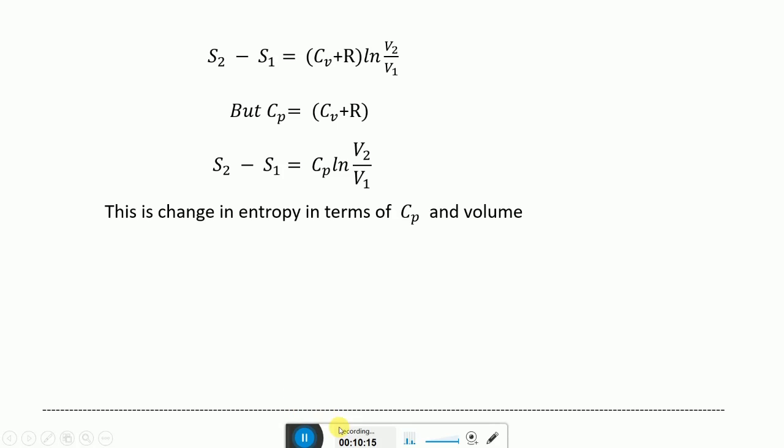Again we can change this equation, and write T2 upon T1 instead of V2 upon V1. So in terms of temperature we get S2 minus S1 is equal to Cp log of T2 by T1, and this is the value of change in entropy in terms of Cp and temperatures. So this is also change in entropy, but one is in terms of volume, and the other is in terms of temperatures.